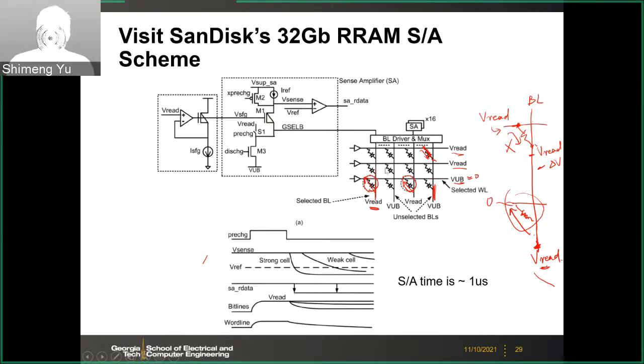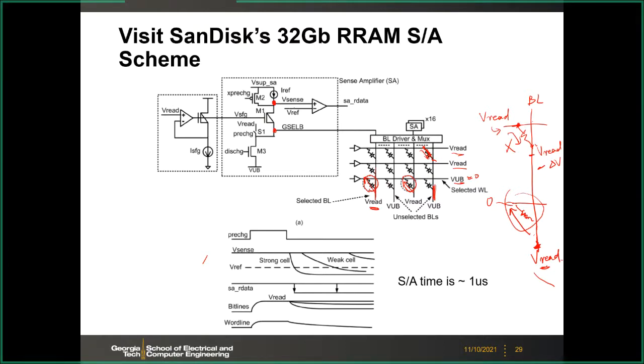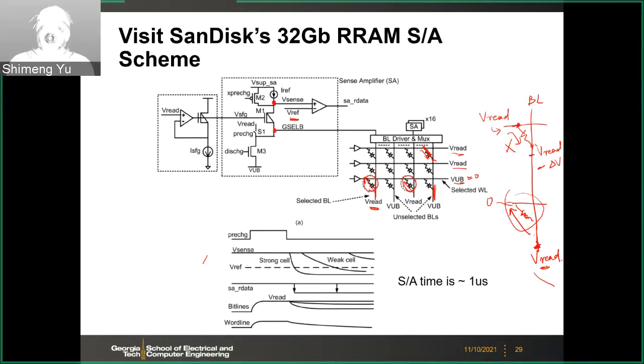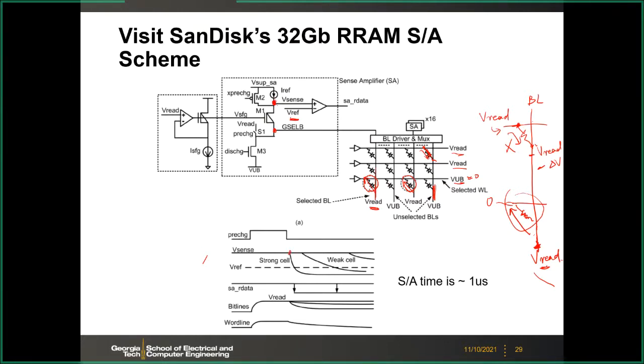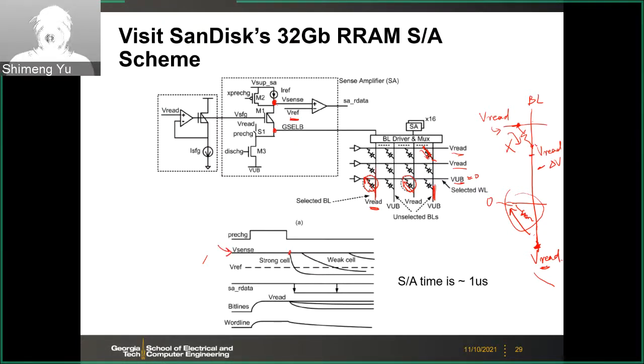And then this is like the sensing scheme, and the bitline voltage here will be connected to this sensing node by this clamp transistor, and then this voltage will be compared against the reference voltage. So here, this is a waveform of the V-sense node. After the pre-charge goes off, the bitline will start decaying, and depending on the cell strong or weak, strong means the low resistance state, you have high current. Weak cell means high resistance state, you have low current.